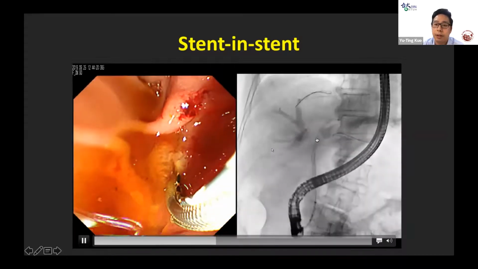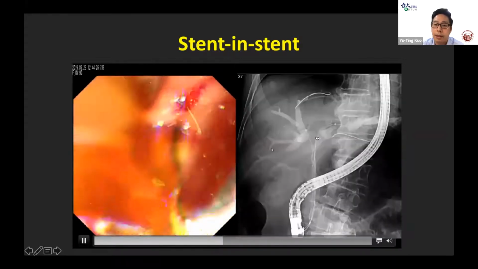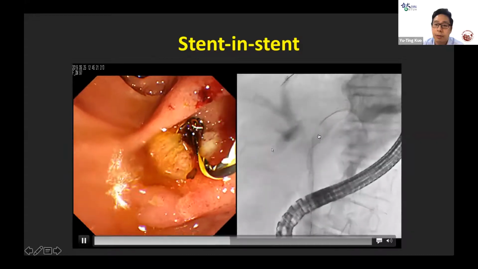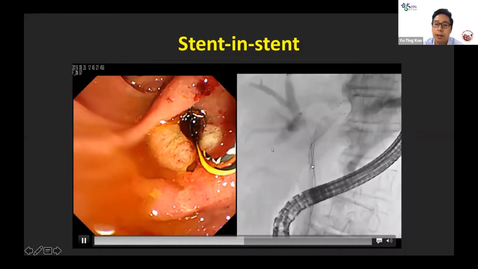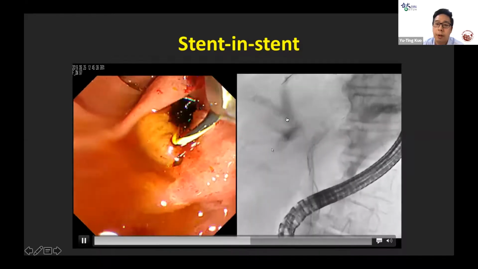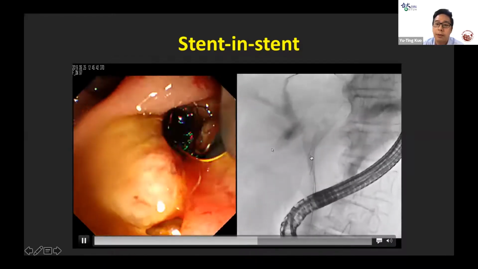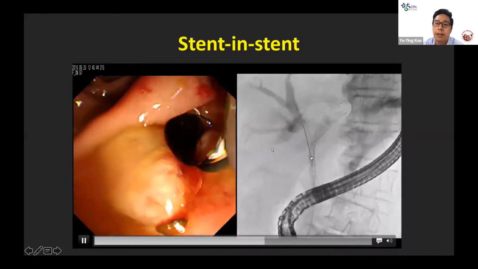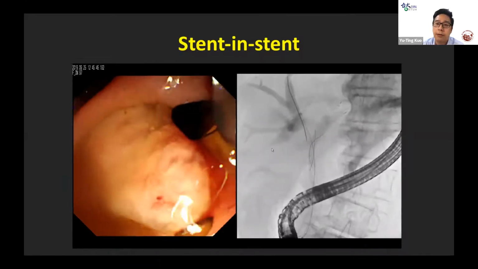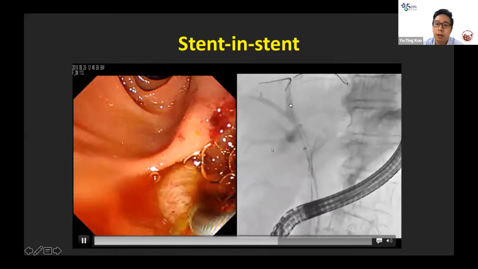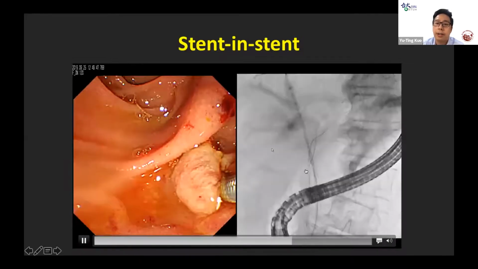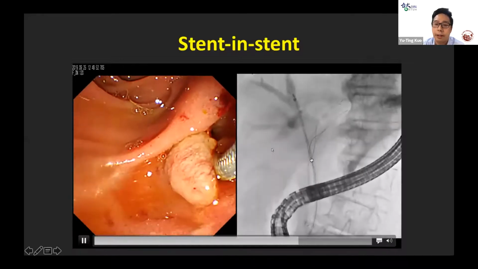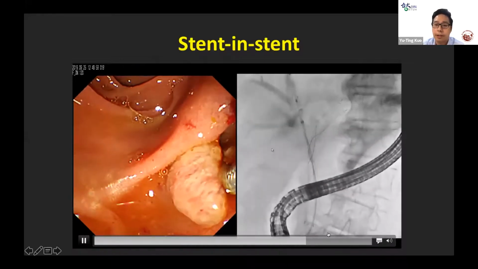This is a Boston hilar stent. You can see this is the cross area, and then slightly withdraw this guide wire and select the right branch. Sometimes it's the most difficult part. If you succeed in finding the way to the right branch, you can then place another stent through the previous metal stent. This is called the stent-in-stent method.